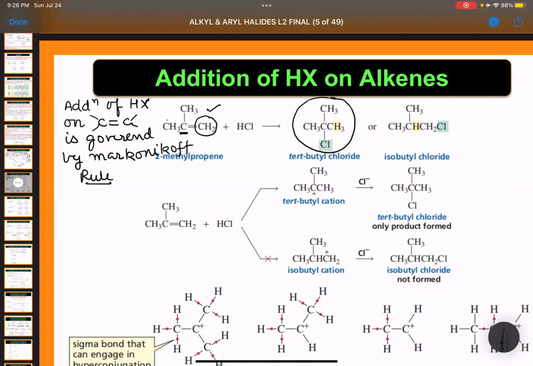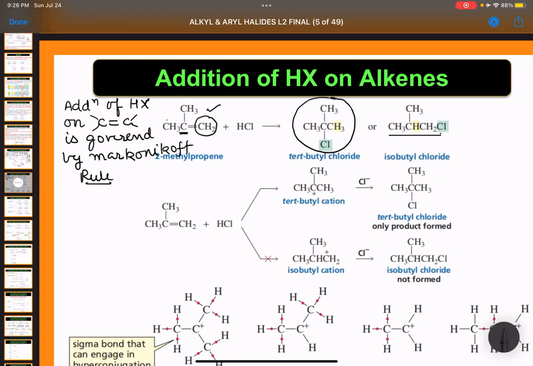Is it clear? Darshan, Pavitra, Hanifa, is it clear or not? Yes, sir. Okay, so this is going to be the minor product. Why minor? It will be formed in less amount. Why will it form?